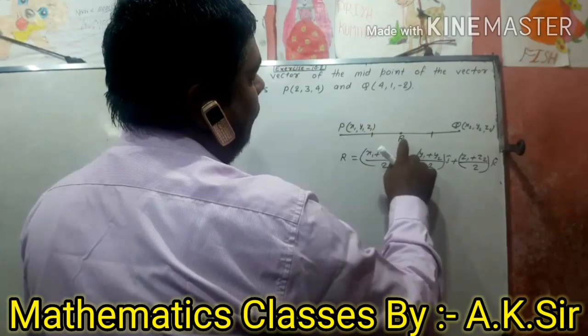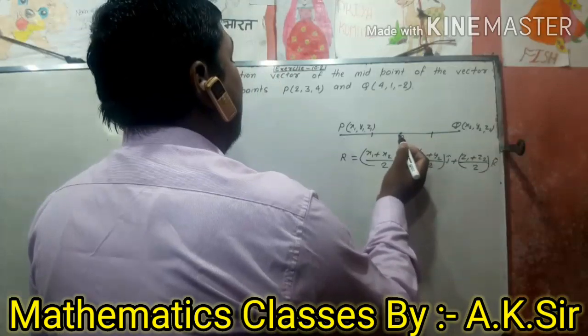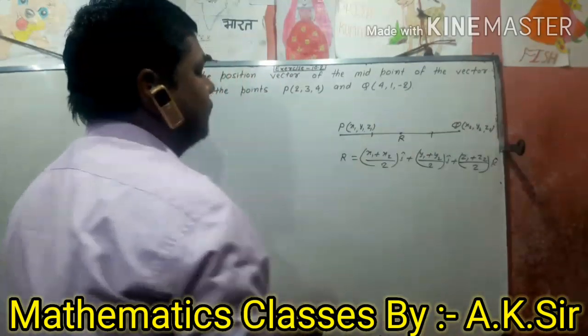Here PR is equal to RQ. It means R is the midpoint of PQ.